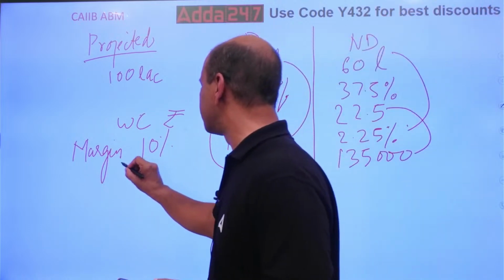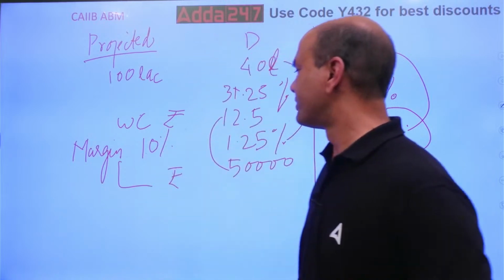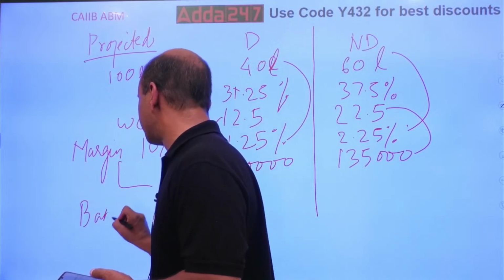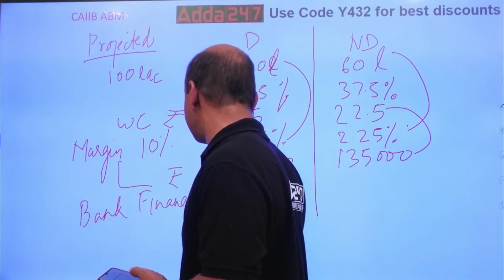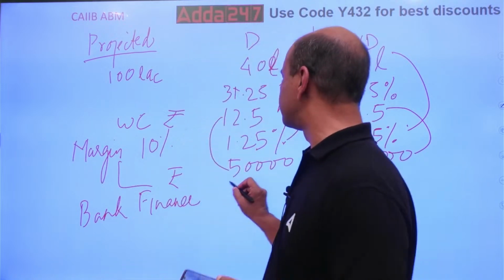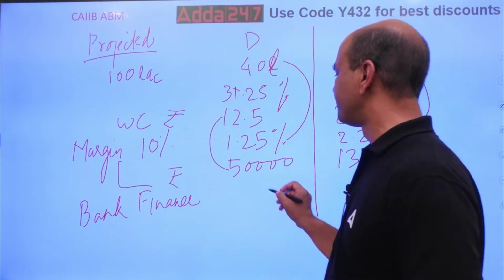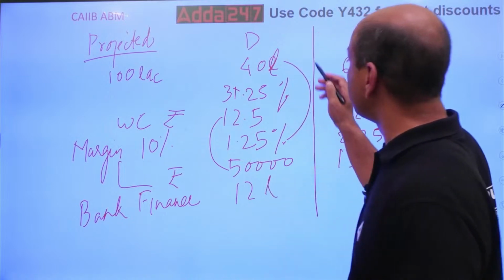This is my margin in rupees, this is my margin in percentage. So what is my bank finance? Bank finance equals 12.5 lakhs minus 50,000. So it comes out to be 12 lakhs. 12 lakhs bank finance in digital part.